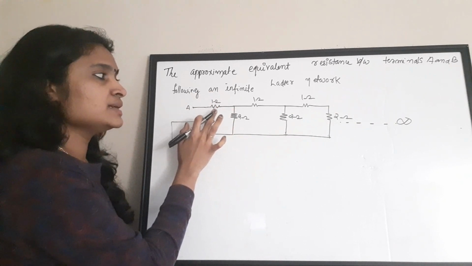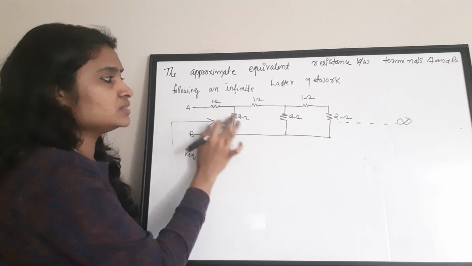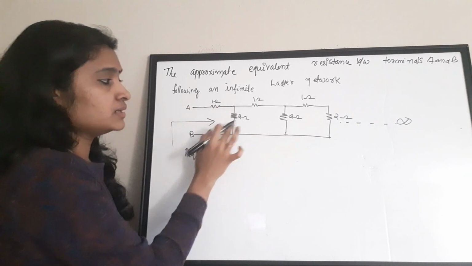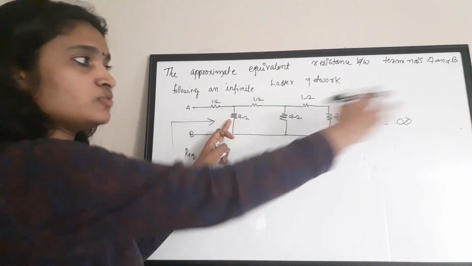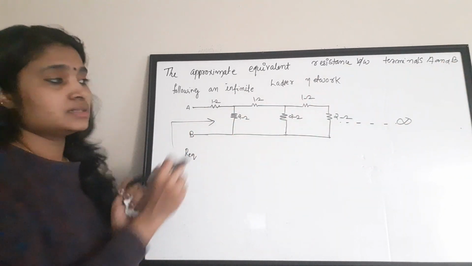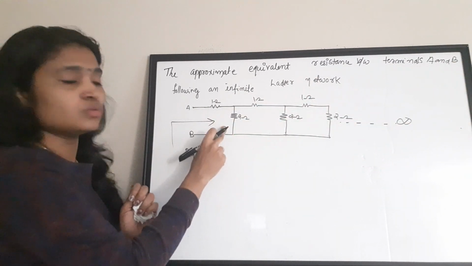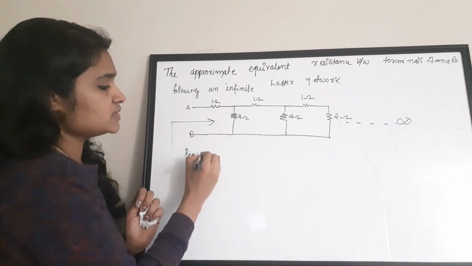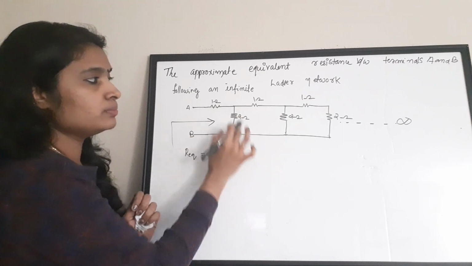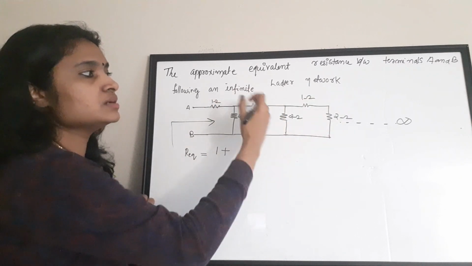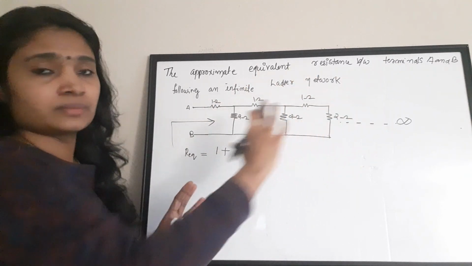It is connected in series with this 2 ohm, right? But the 2 ohm is in turn connected with another set of networks. So Req is actually 1 plus 2 ohm plus 2 ohm with another portion of network.